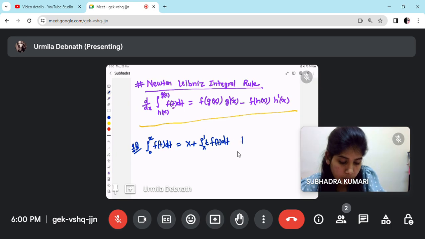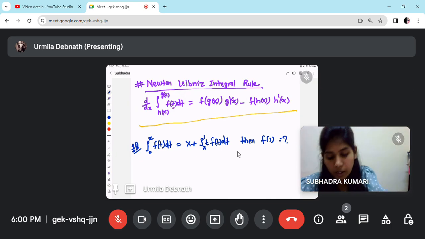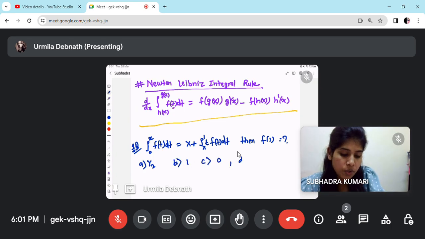Then what is f of 1? This is the question, and the options are given. Option A is 1 by 2, B is 1, C is 0, and D is none.